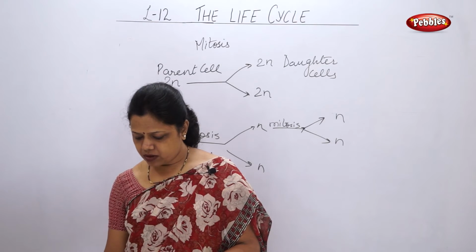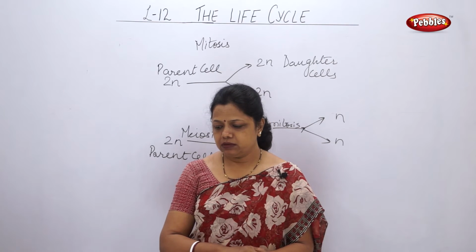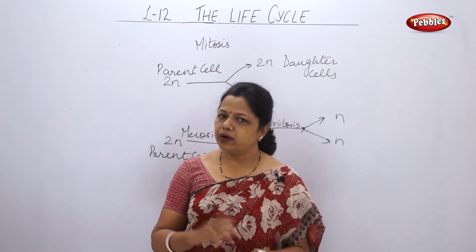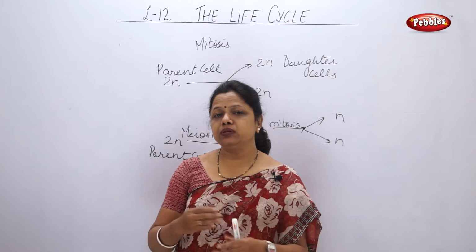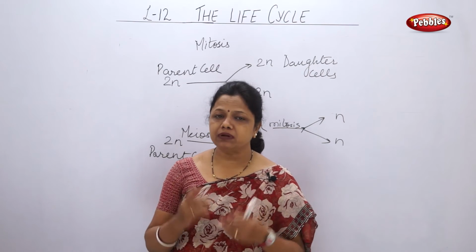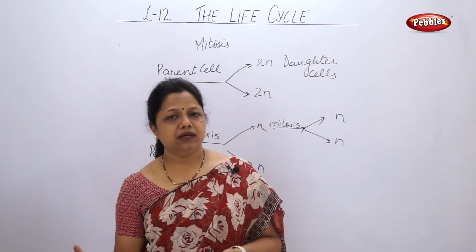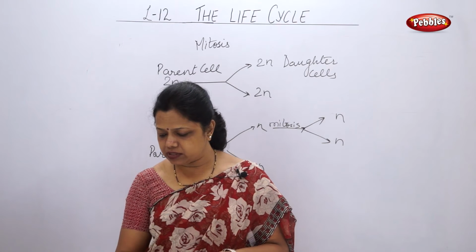Next question: what are the advantages of vegetative propagation? Now, vegetative propagation advantages are many. The new plant develops very fast, that means the time required to form a new plant from vegetative parts is very less. So that is first.